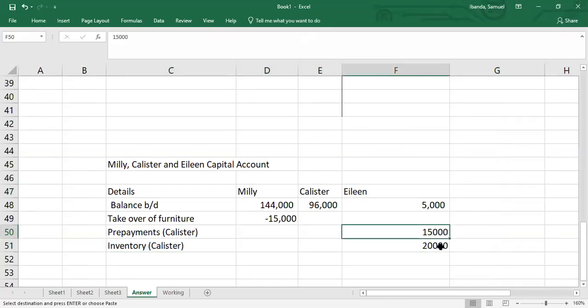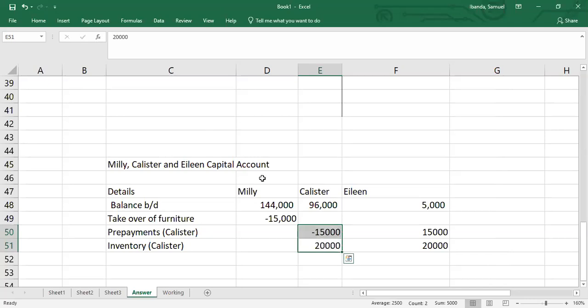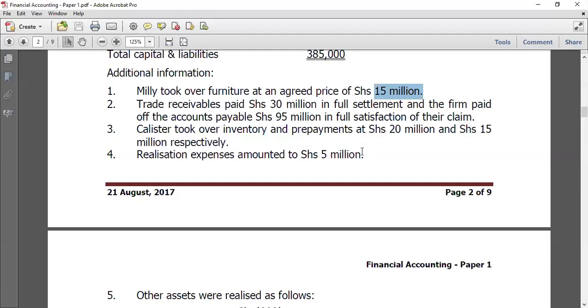Under Calista's column, because basically they are taking them for their personal use. Remember, the partnership no longer exists. So I'll just do that from there. And then once I have that, they have told me that the realization expense amounted to 15 million.